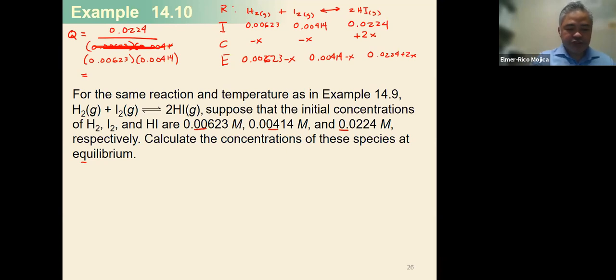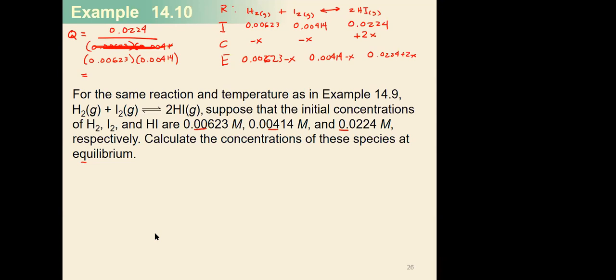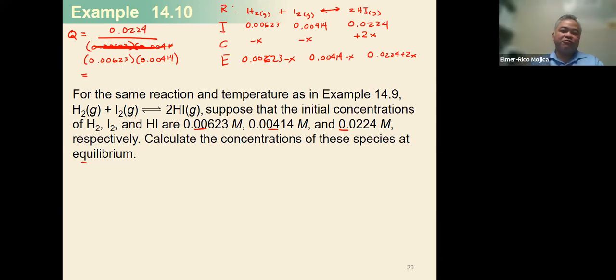So what is the Q value that we have? 0.0128. So we have 1.49 times 10 to the negative 2. Did everyone get that? Oh, wait, I think I have missed one. What did I mess up here?